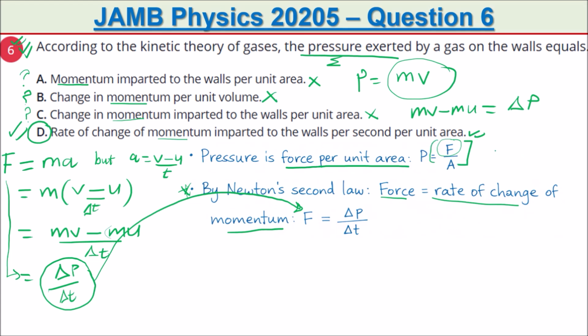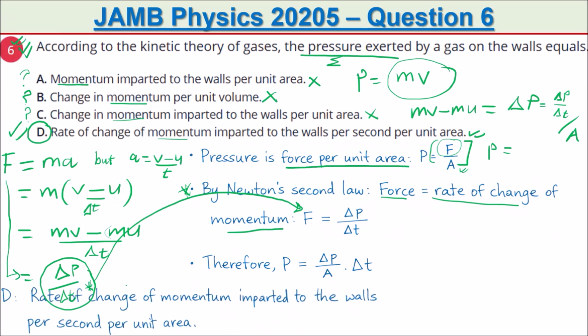So we can now safely say P is equal to, instead of writing force, we write change in momentum divided by change in time, divided by this area which was already there.